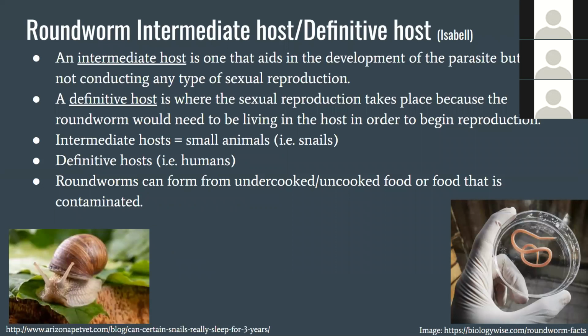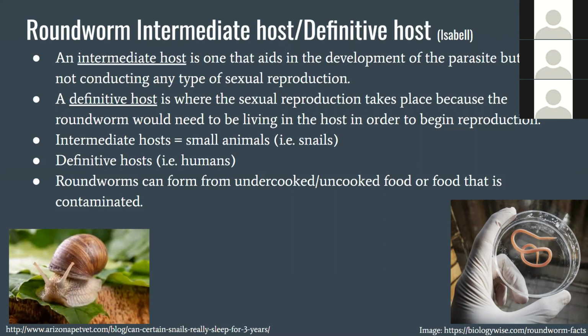In this slide, we are going to be talking about the roundworm intermediate and definitive hosts. An intermediate host would be one that would aid in the development of the parasite, but it doesn't conduct any of the sexual reproduction, so it would act as a step in the process, but it is not the final step.